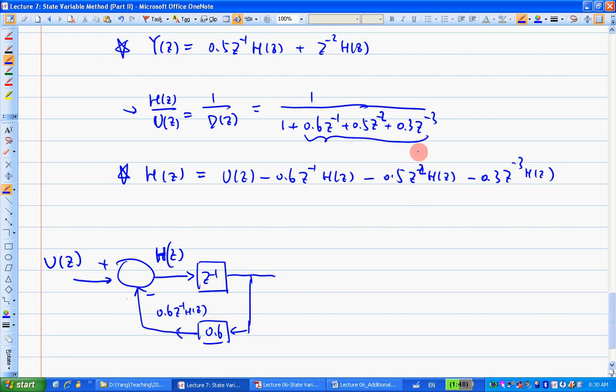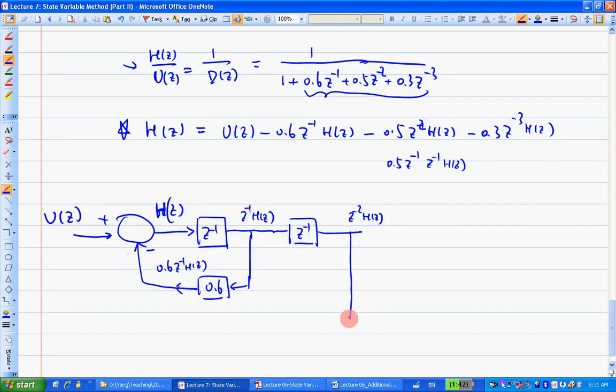For the second one here, this is 0.5 z^-2. So z^-2 is basically z^-1 times z^-1 H of z, right? What is out of here? This is z^-1 H of z. So we can simply add another shifting block here, and the output of this shifting block is z^-2 H of z.